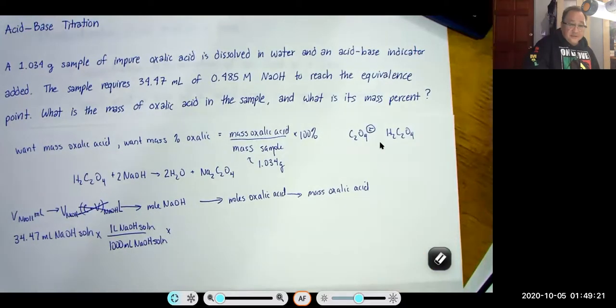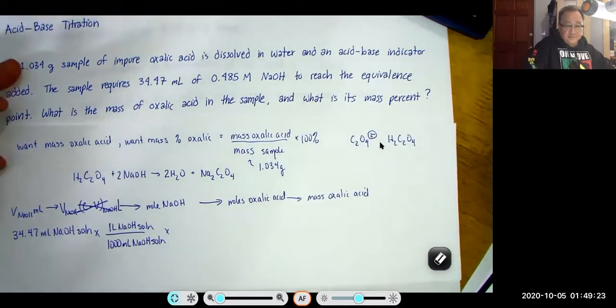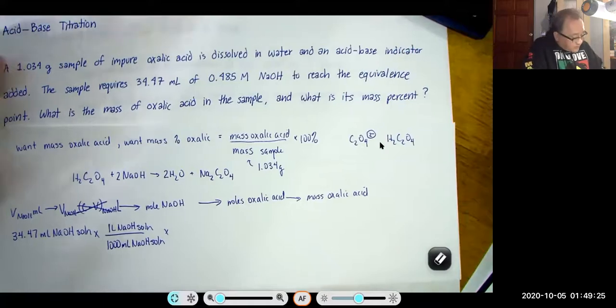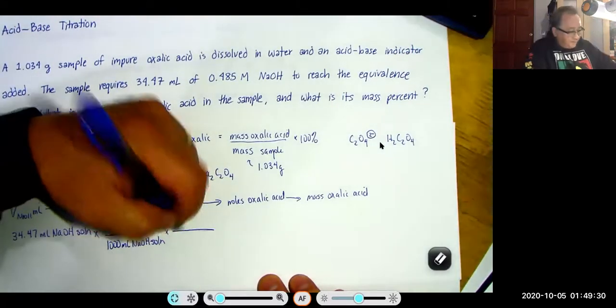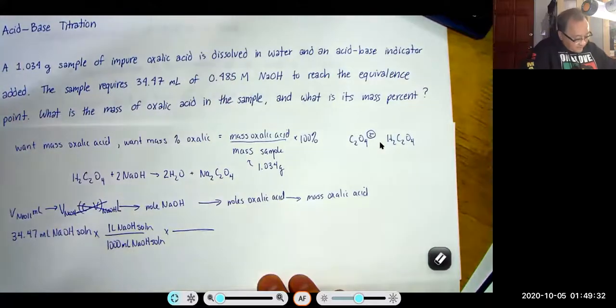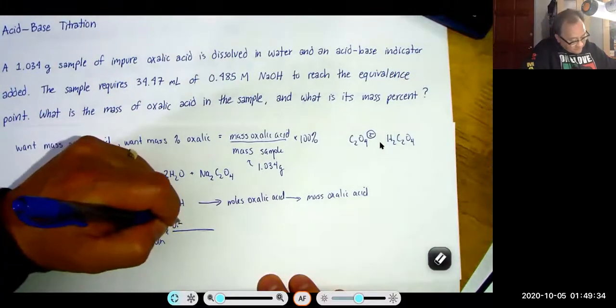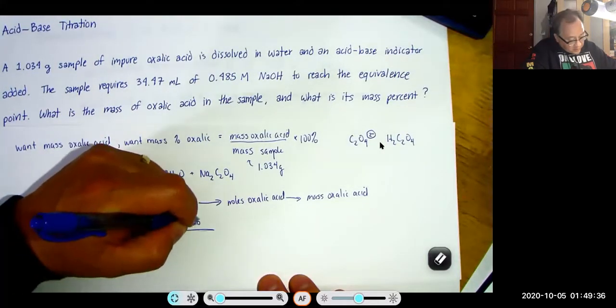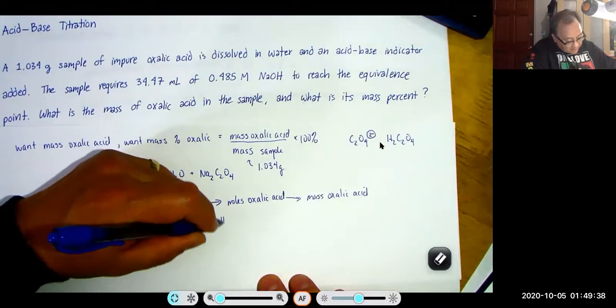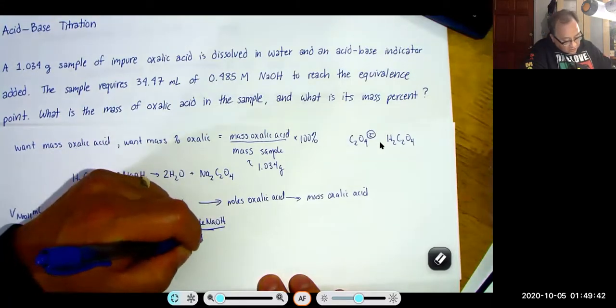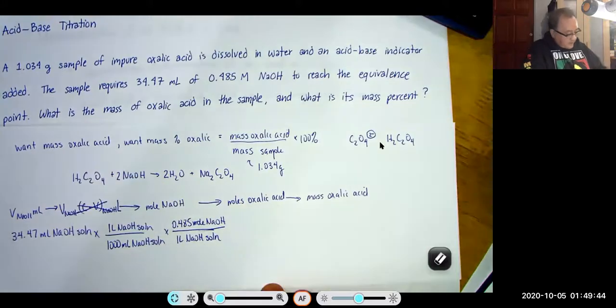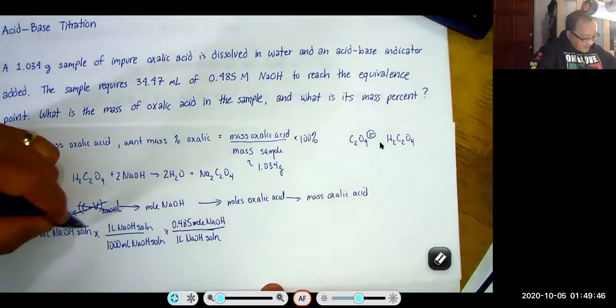Let's see, I'm going to tilt this a little bit. And then to turn this into moles of sodium hydroxide, I'm going to multiply by 0.485 mole of sodium hydroxide per 1 liter of sodium hydroxide solution. Okay, so here, these things are canceling.